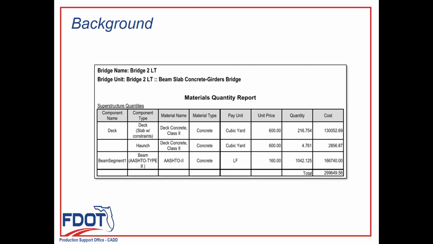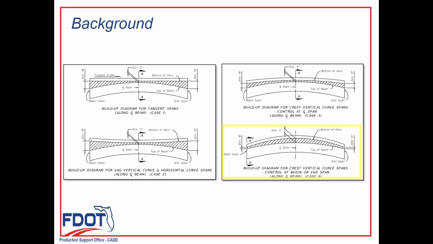In terms of the quantity reporting, this would give you an overestimate of a concrete quantity, which ends up being conservative, and that would be the case for all of the FDOT buildup cases, except for case number 4 that you see on your screen there highlighted, where the minimum buildup is controlled at the begin or end of the beam. This is something that the designer should just be aware of when generating the reports.